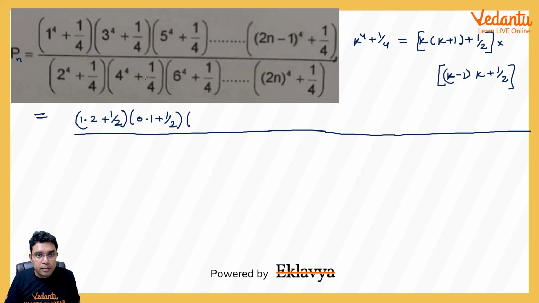For the next bracket, k equal to 3 we will take, so it will be 3 into 4 plus half. Then it will be 2 into 3 plus half. One more term, let us write 5 into 6 plus half, and 4 into 5 plus half, and so on.